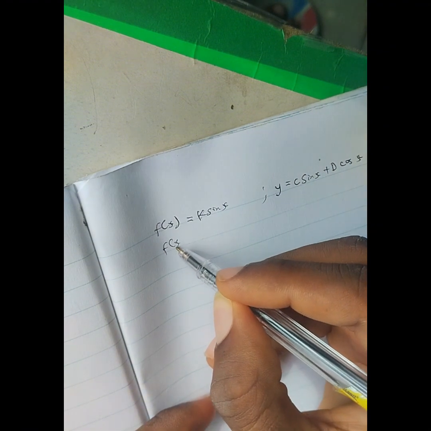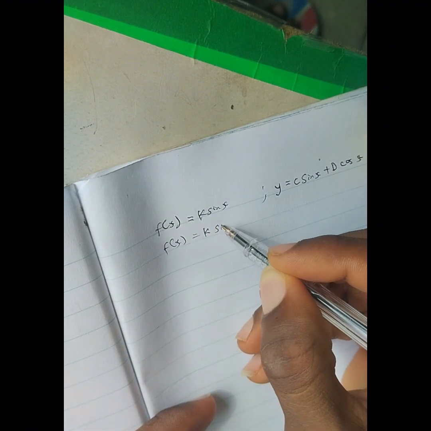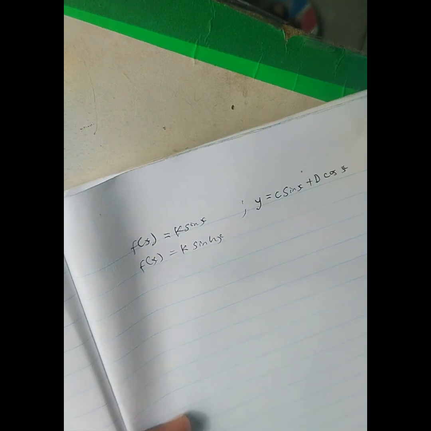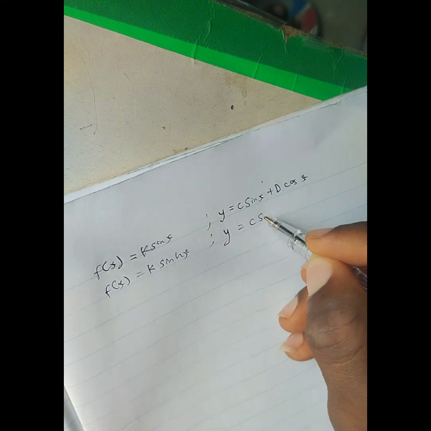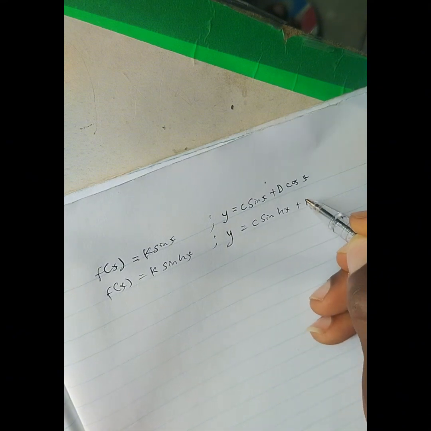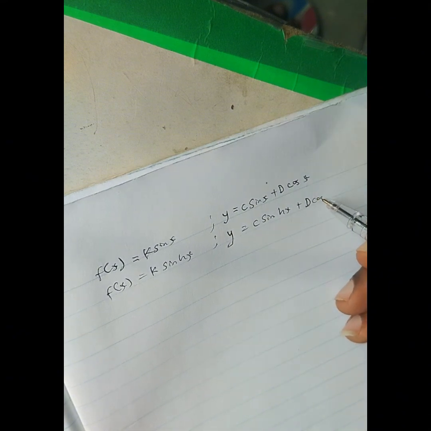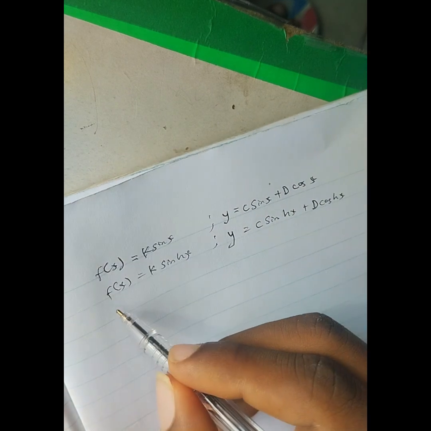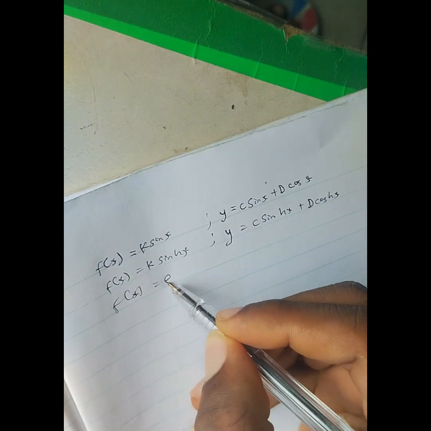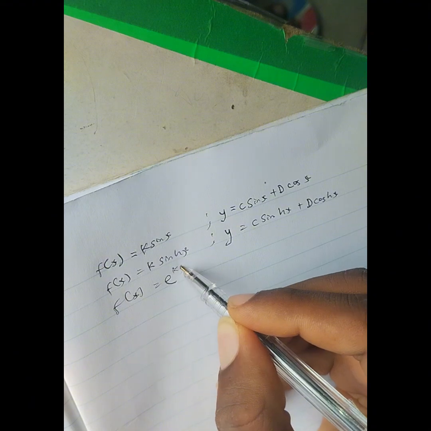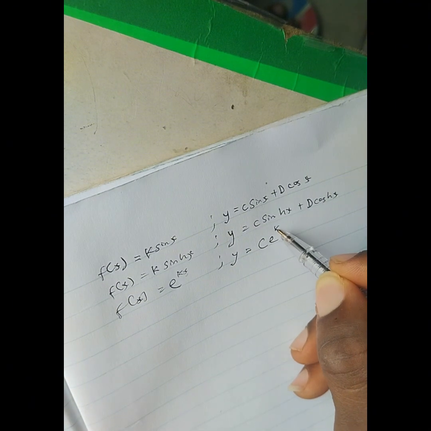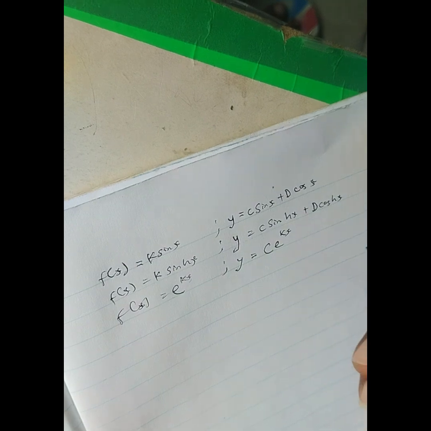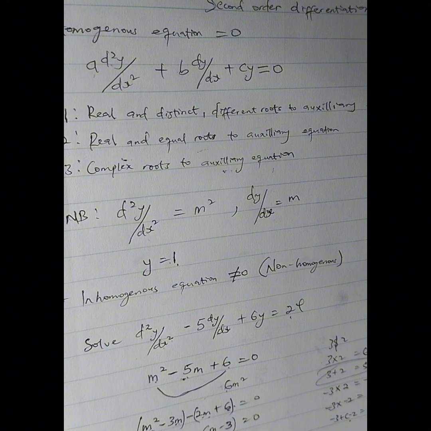If your function of x is equal to k sinh x, the k and the h, they are actually constants, so the y is now equal to c sinh x plus d cosh x. Last one, if your function of x is equal to e exponential kx, the solution of y is equal to c exponential kx.